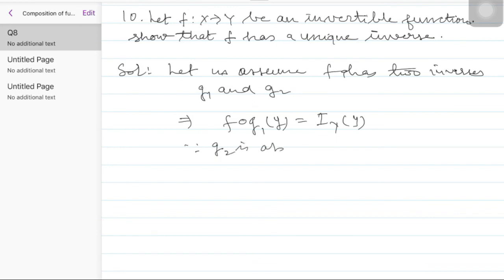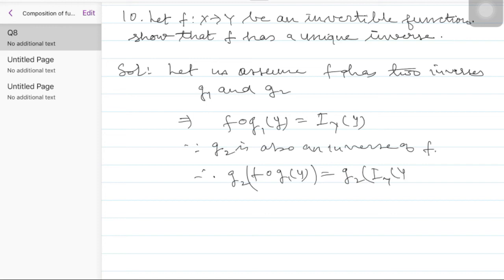Since g2 is also an inverse of f, therefore g2 o (f o g1)(y) is equal to g2 o Iy, where Iy is the identity function in Y. Applying the associative law for functions that we have learned in class 11th, (g2 o f) o g1(y) is equal to g2(y).